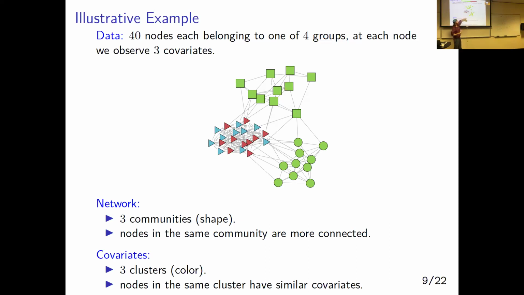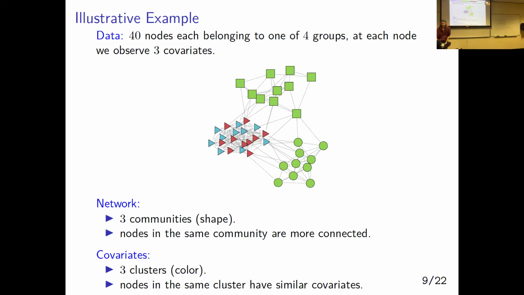Similarly, the covariates cannot distinguish between this group and this group. They have the same color. But both data sets can distinguish between green and not green, and between triangle and not triangle.